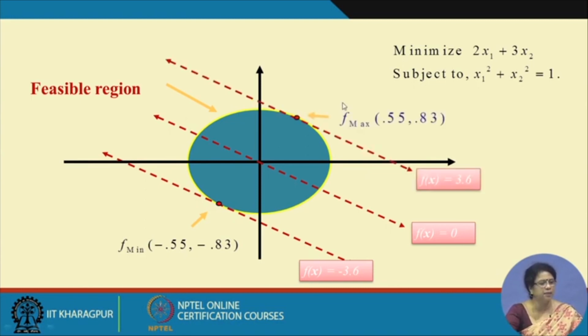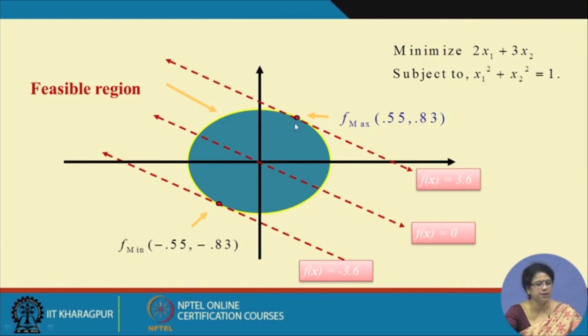And where we will get the maximum value, we will get it here. Because of the symmetry of the space, we are getting the functional value as 3.6 here and minus 3.6 here, alright.